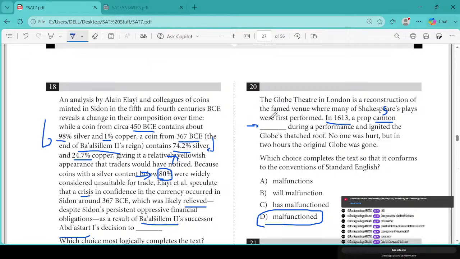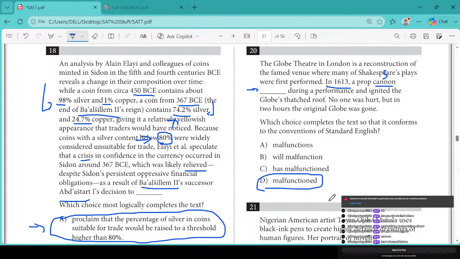You have a subject, you're needing a verb. This is in the past, so you need a past tense verb, and these are the only past tense verbs. This is present simple. This is future simple. This is present perfect, so it's only D that is in the past tense.